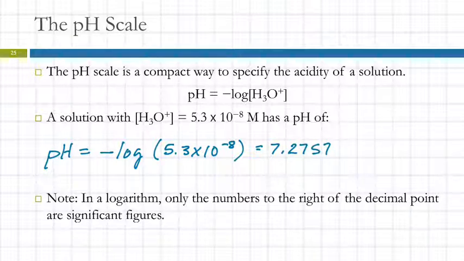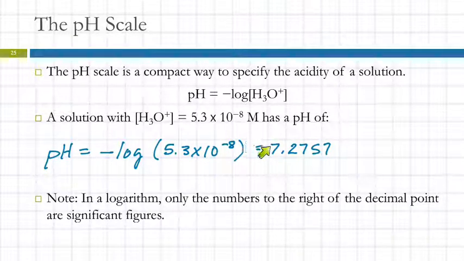And then significant figures. Well, our concentration had two significant figures. In a logarithm, it's only the numbers to the right of the decimal point that are significant figures. The numbers to the left of the decimal point are related to the exponent on the times 10.